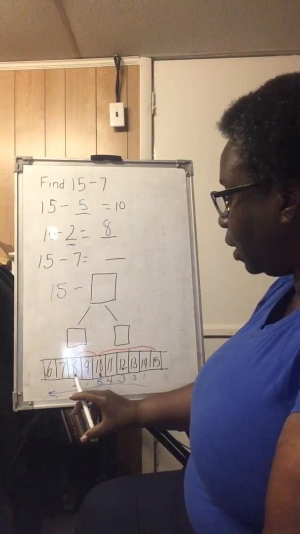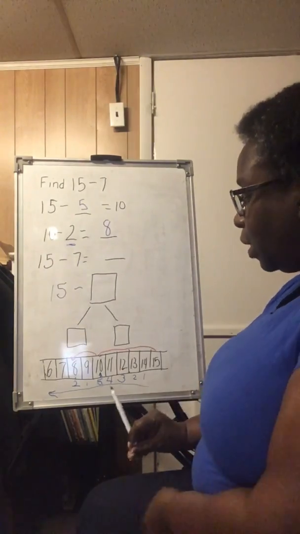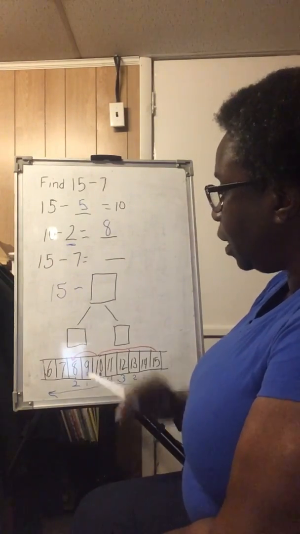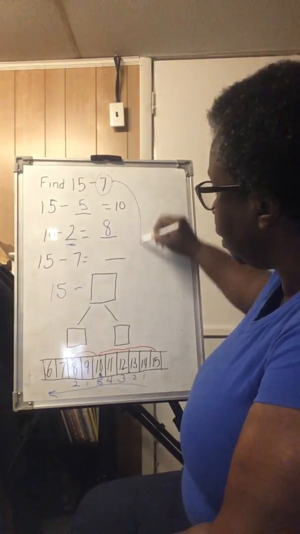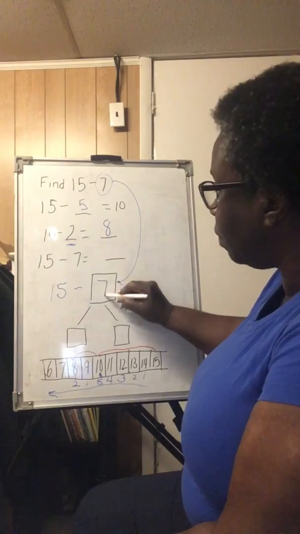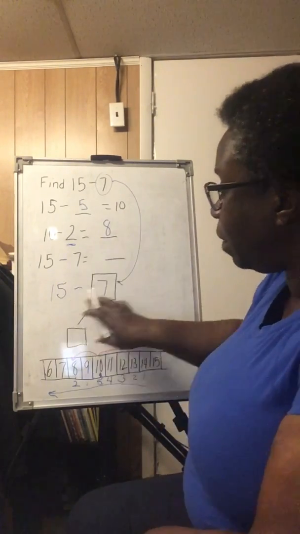Okay? So now we're trying to find out what is 15 minus 7. Now that we've broken this down, we take our 7 from here and put it in our top square, because that's what our equation is, 15 minus 7.